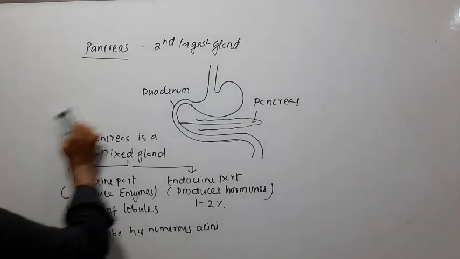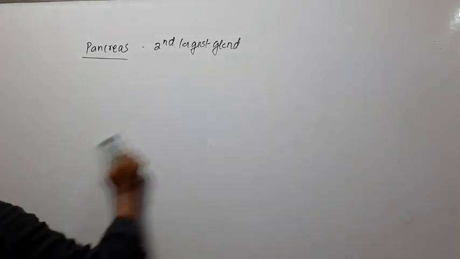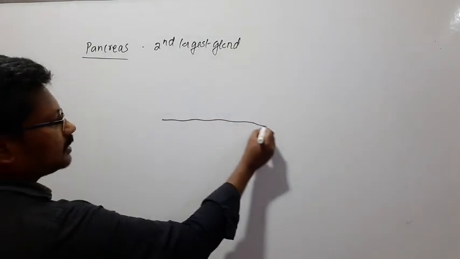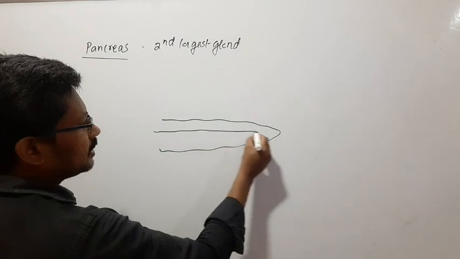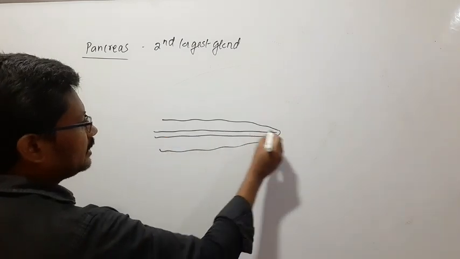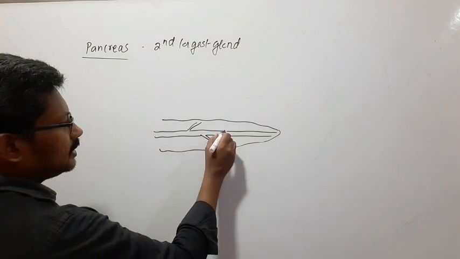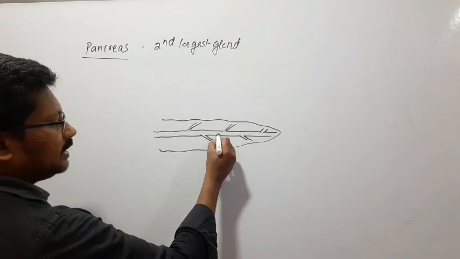Now let's look at its structure. The pancreas has a main pancreatic duct.